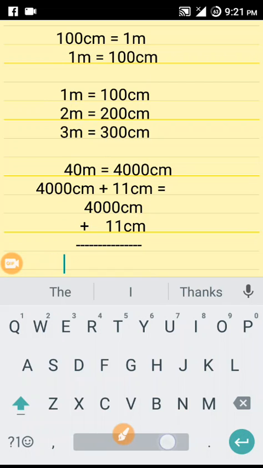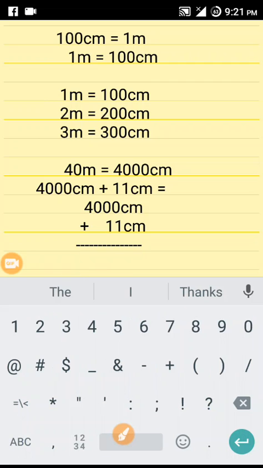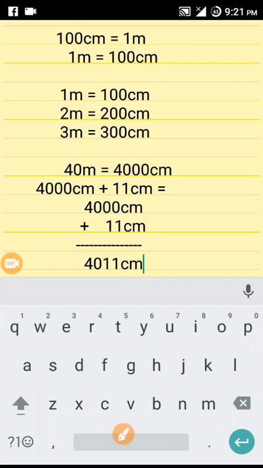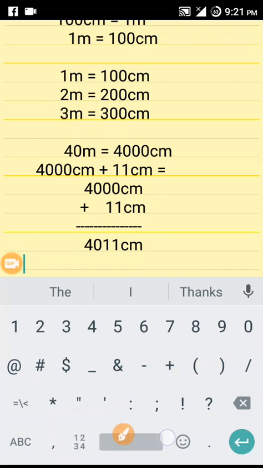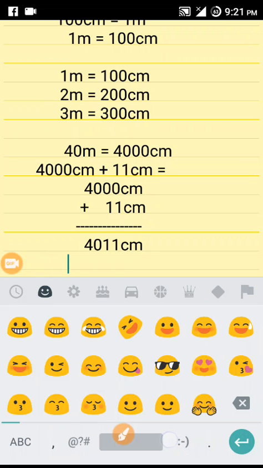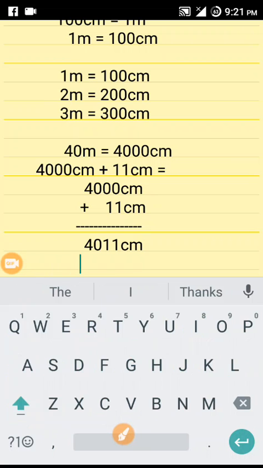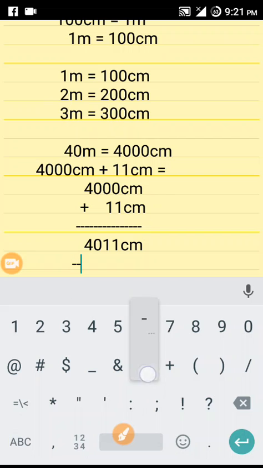You get 4011 centimeters. So here you can see that we have two answers there.